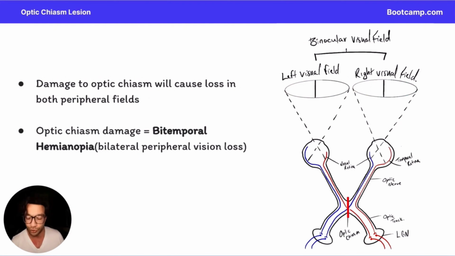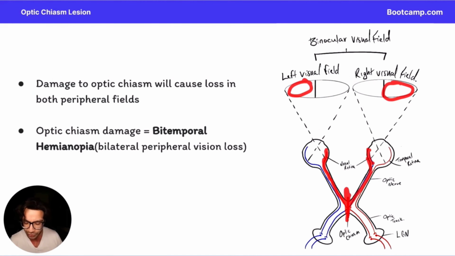Now we have damage to our optic chiasm, and this is going to cause loss of vision in both of our peripheral visual fields, but that binocular visual field is still going to be intact. And if we look at this, the nasal retina, which picks up this peripheral visual field, these cross over at that optic chiasm.